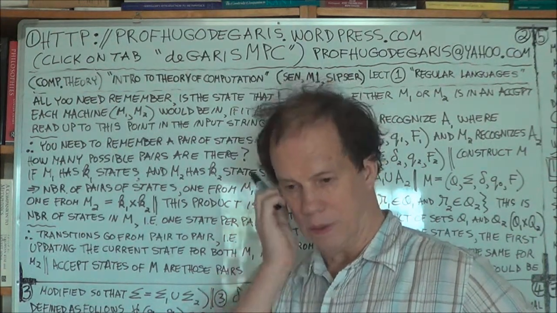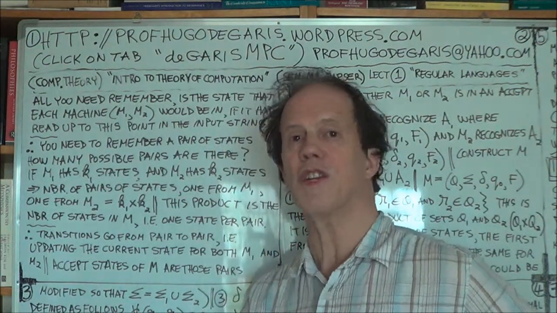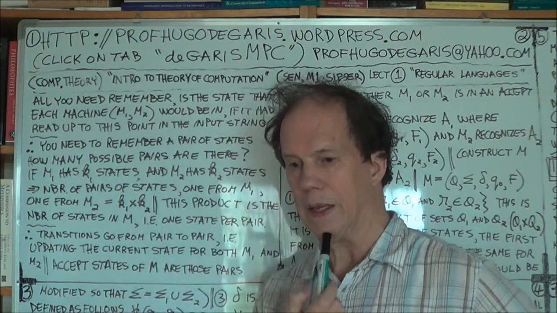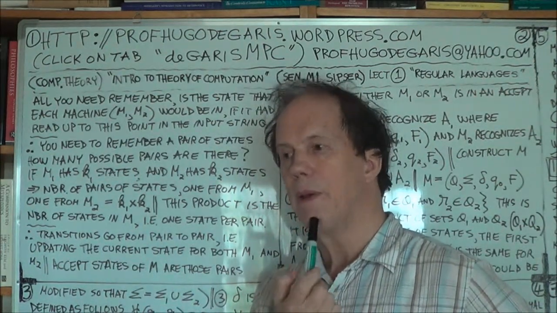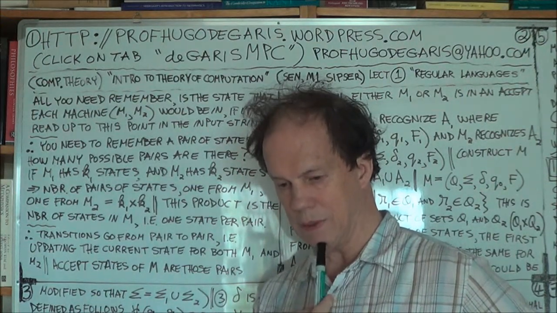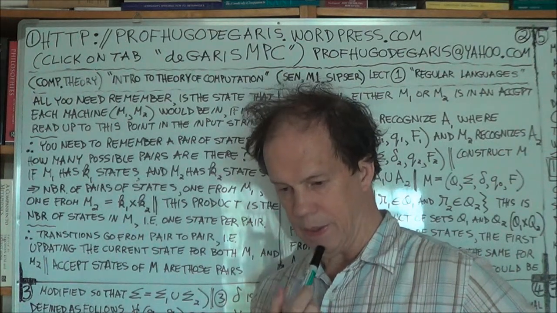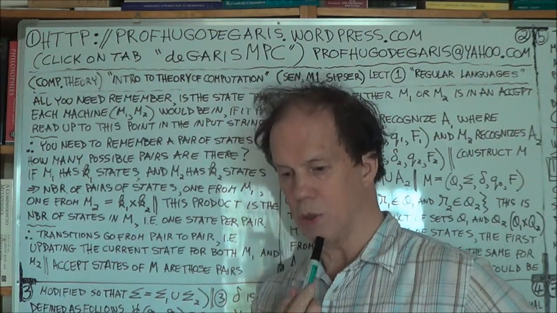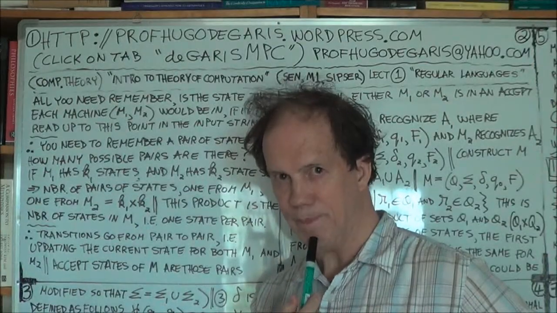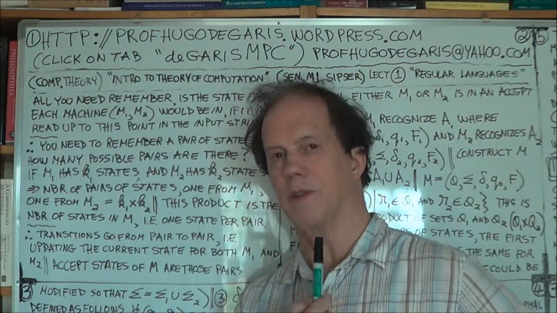Okay? And we're in the process now of using a construction proof to build a machine M that simulates the two machines M1 and M2, trying to show that this machine M recognizes the union of those two languages, A1 and A2.